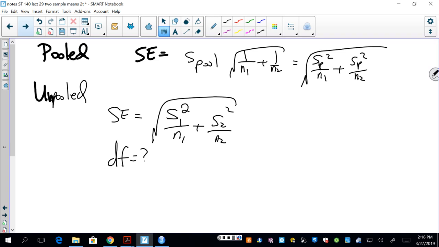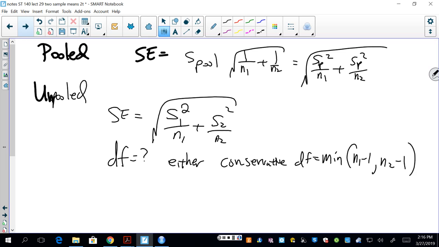So either you use a conservative approach and say the degrees of freedom is the minimum of the two individual ones. That's pretty conservative. Take the smaller of the two that you would use just for a one sample problem, or use some sort of approximation.